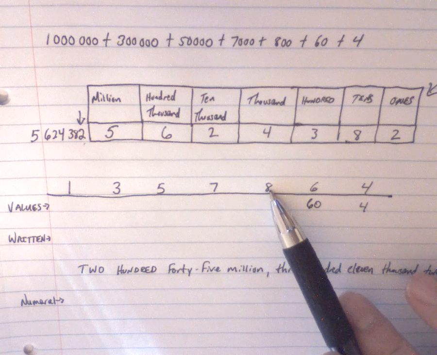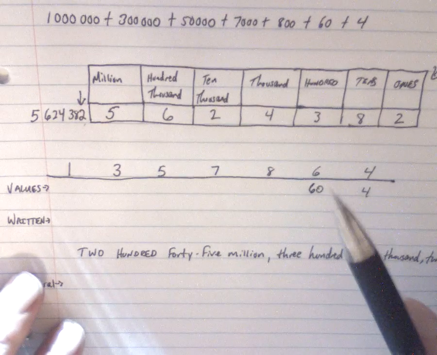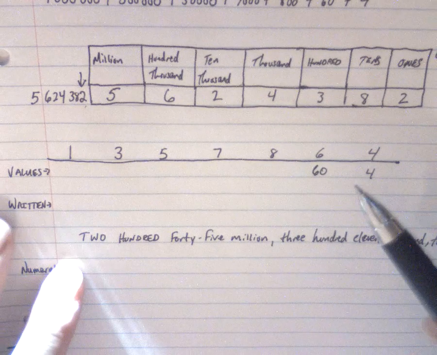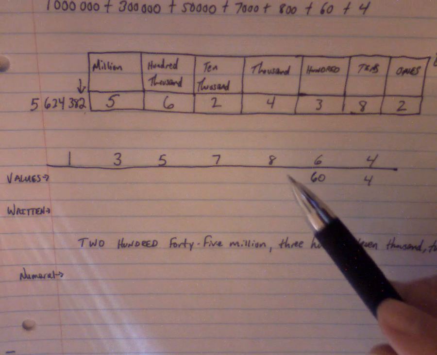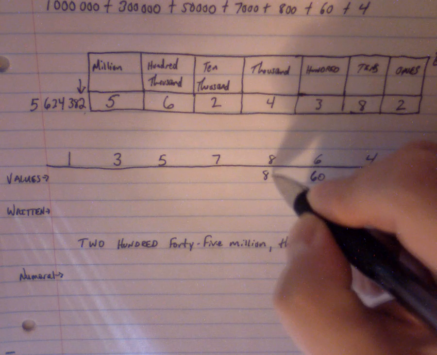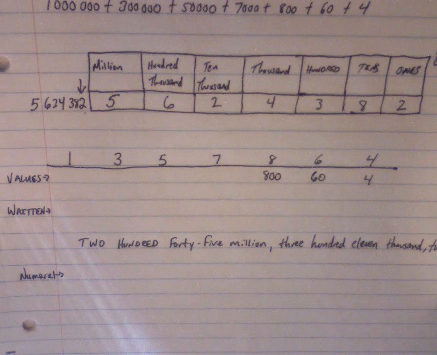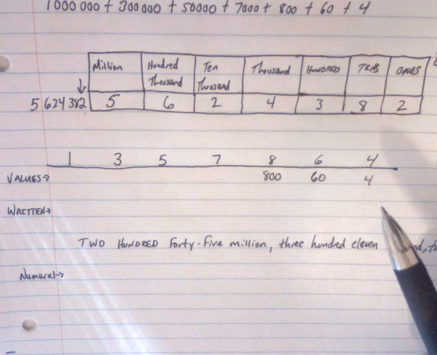The 8 is in the 100 spot, so you have 8 hundreds. Okay, so you know how to write 100. Now you have 8 of them, so 800. Because trust me guys, you are going to see this in your book, and you're going to want to know what the values are.